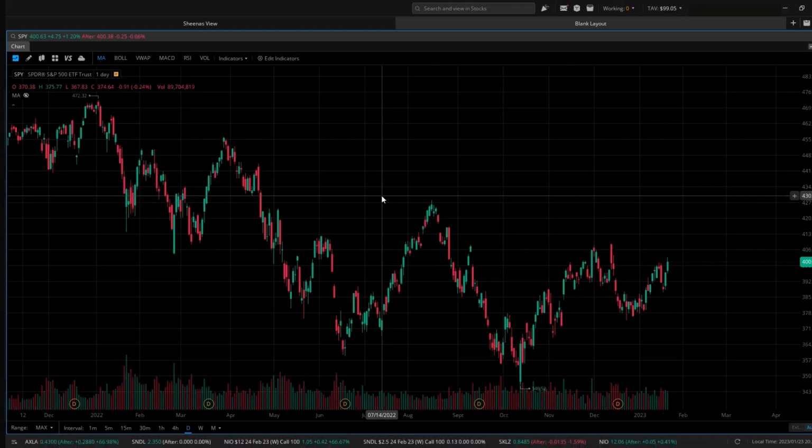But if you're on Thinkorswim or TD Ameritrade, they'll look something similar to this, with the candlesticks and the volume and everything like that. But we will have another video where we talk about support and resistance and trend lines and how to add indicators onto the chart so that we can determine where we want to enter and exit a trade.